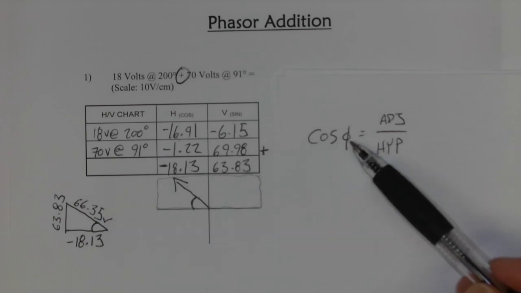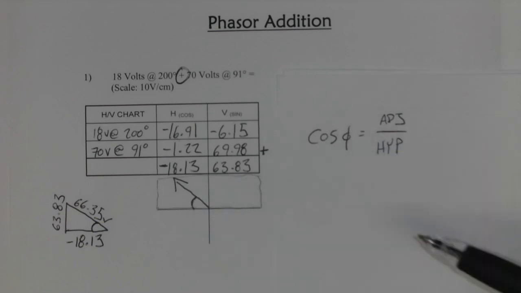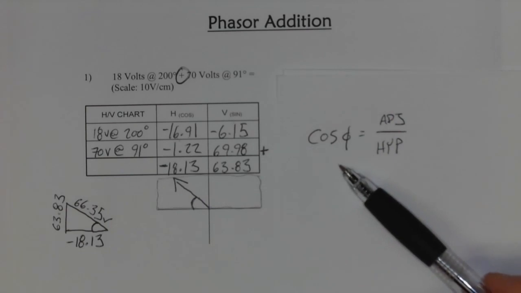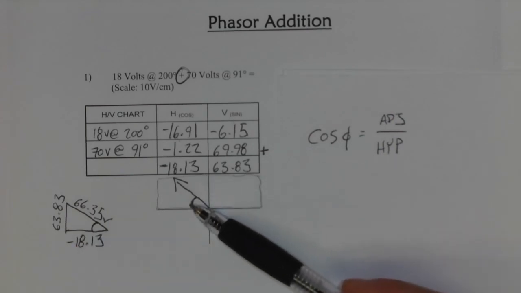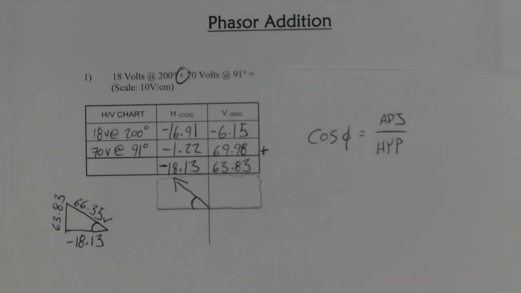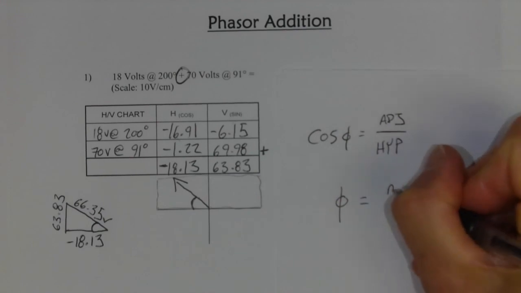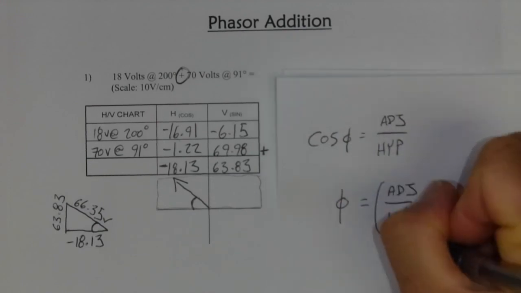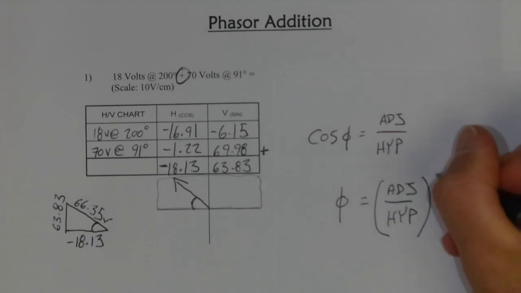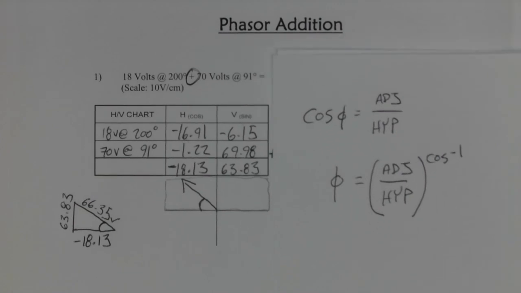When we're going to work out the angle, it's easiest for us to just choose one of the trig functions, drop the negative symbol, and then work out what that angle is after. So if I want to work out the angle, that means I need to take adjacent over hypotenuse and then apply the inverse trig function, which is that.